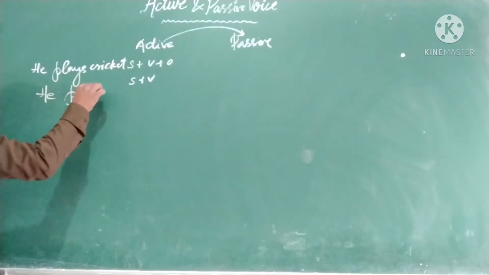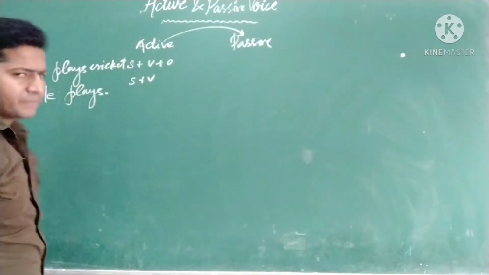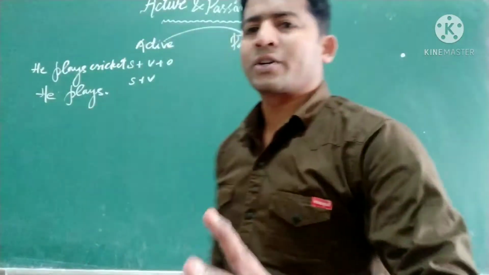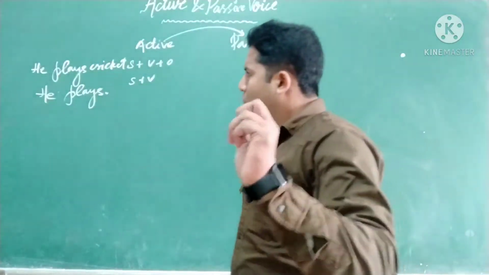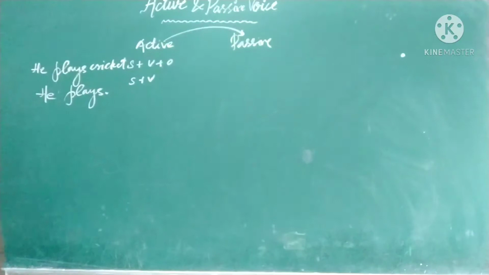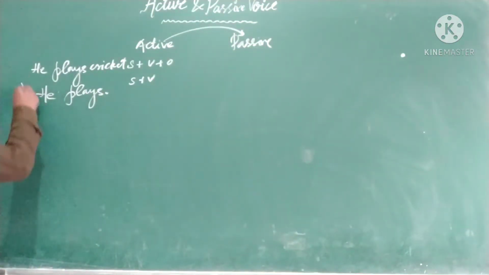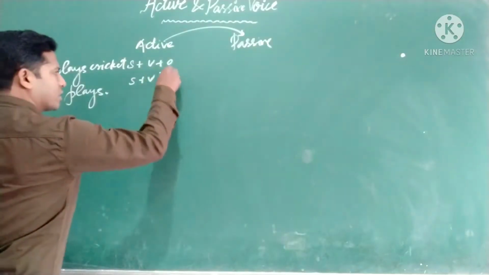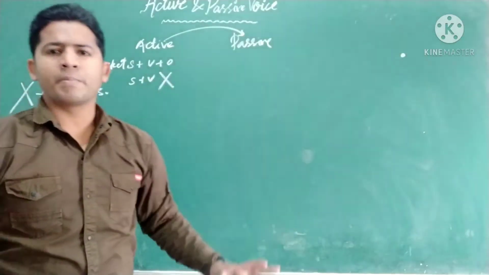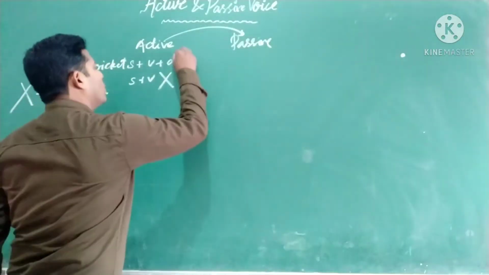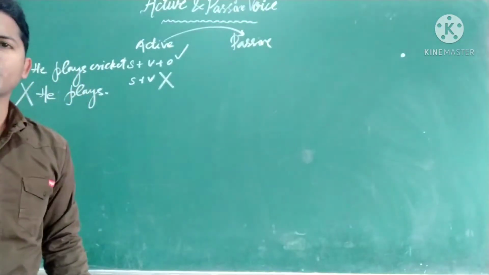He plays. Two structures we have seen in active. One thing, make sure if a sentence has no object in it, its passive will not be formed. So for this structure, no need to worry. We are left with only one structure, which is S plus V plus O.